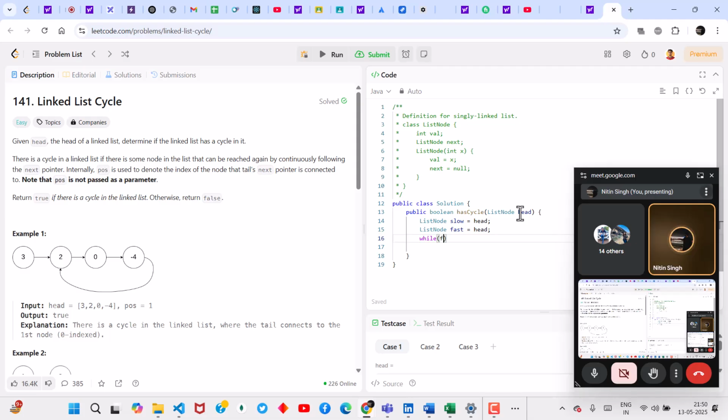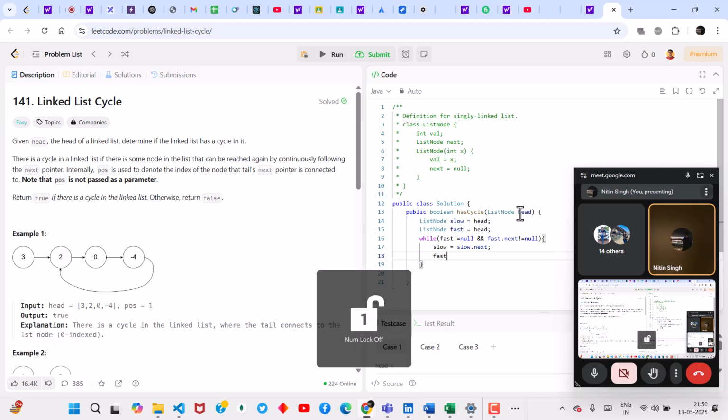So the condition is keep moving until your fast is not equal to null, and fast.next is also not equal to null. Move your slow pointer one step ahead and move your fast pointer two steps ahead.